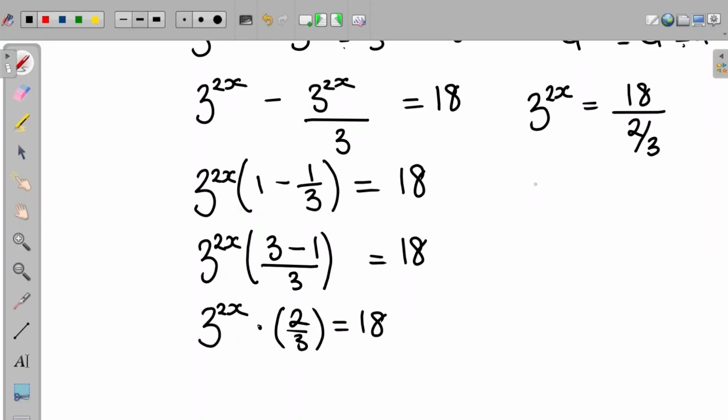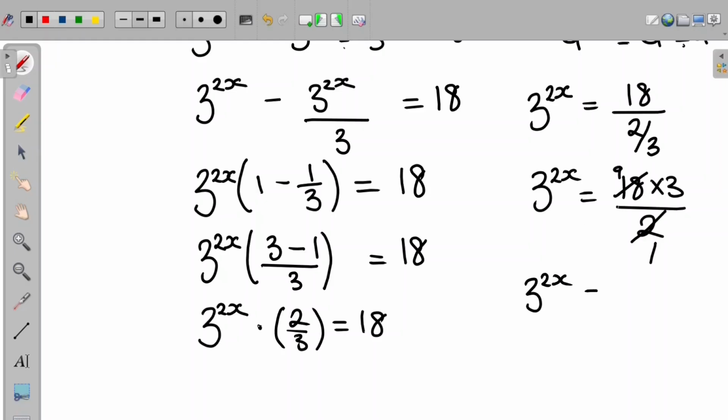First, this can be expressed as 3 raised to the power of 2x equal to 18 times 3 divided by 2. So 2 cancels out itself, we have 1. 18 divided by 2, we have 9. So this becomes 3 raised to the power of 2x equal to 9 times 3, which is 27.